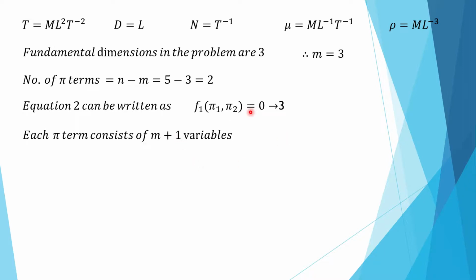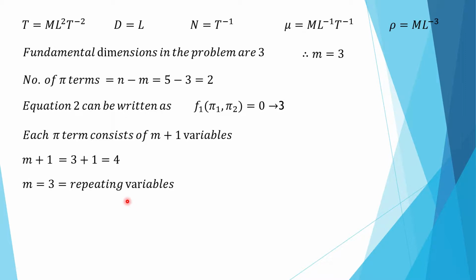Next, each pi term will consist of m plus 1 variables. The value of m is equal to 3. So 3 plus 1, that is equal to 4. And the number of repeating variables is equal to m. So there will be 3 repeating variables.